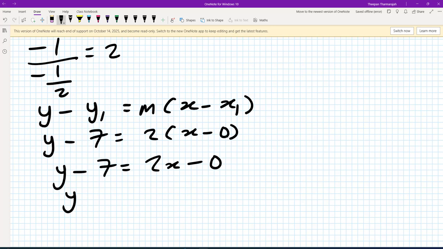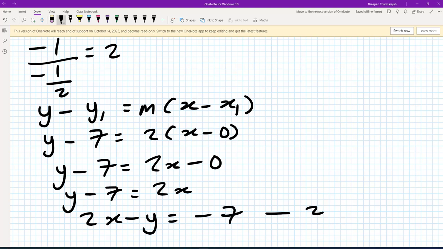So y minus 7 equals 2x. We can rearrange that to say 2x minus y equals -7 as our second simultaneous equation.